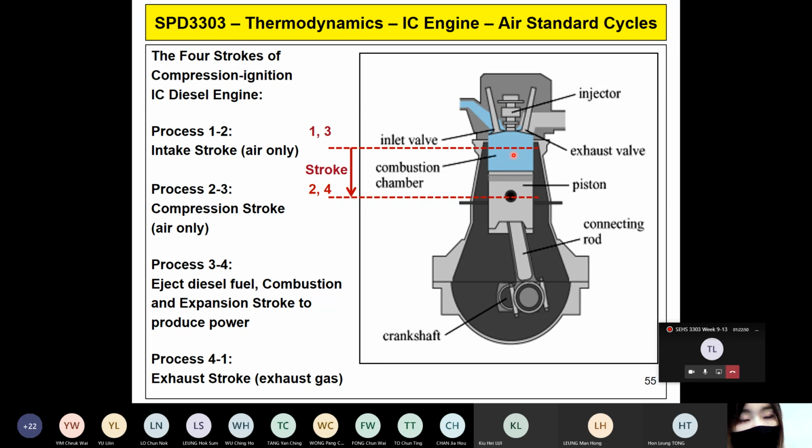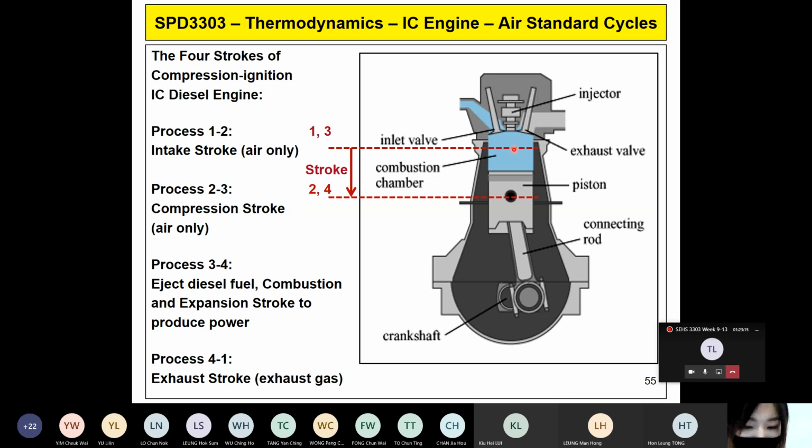That is a constant pressure combustion. We keep the pressure constant. We can assume the pressure is constant. So sometimes we call it constant pressure combustion. For gasoline, we have constant volume combustion.